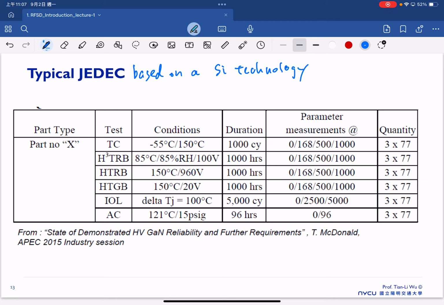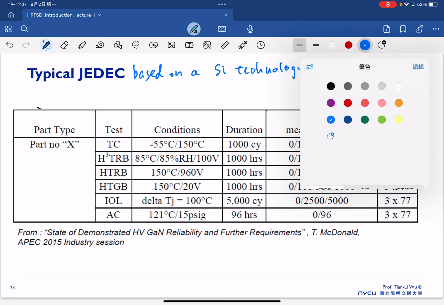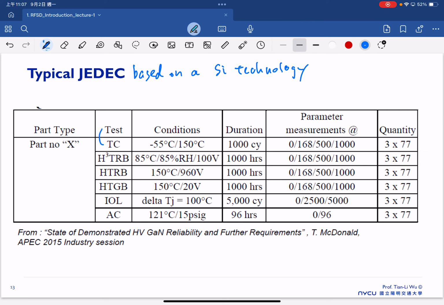For example, the first one is called the TC. That's temperature cycling. The purpose for doing the temperature cycling is because if you consider your semiconductor, I know probably 50% of you are pretty fresh, so you have not had enough understanding, but you can imagine the semiconductor is so complicated.